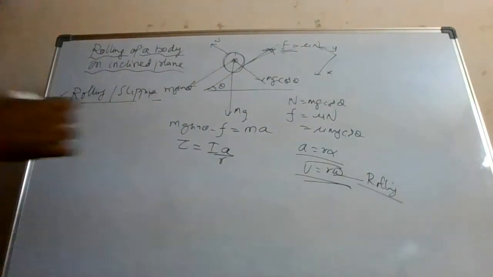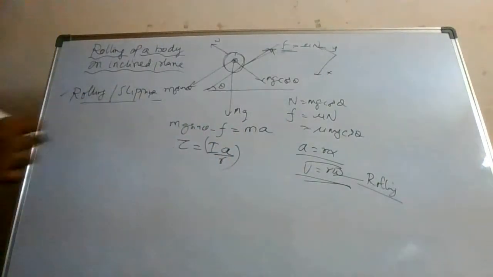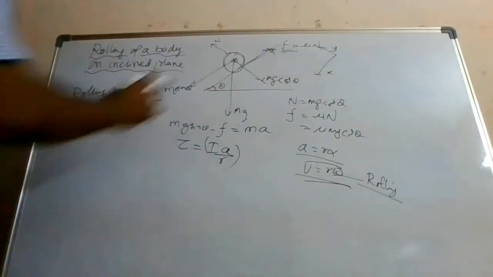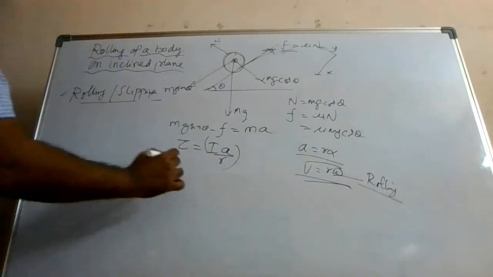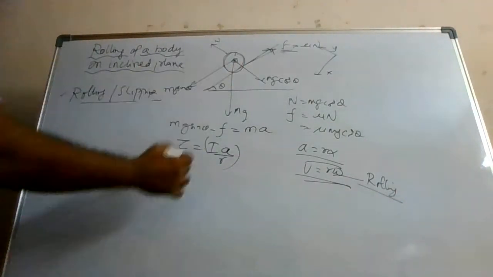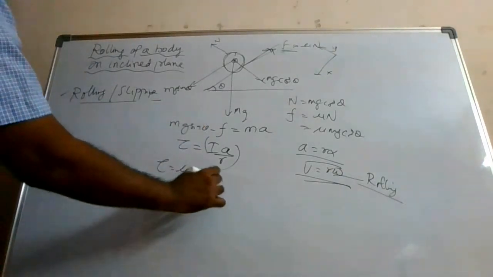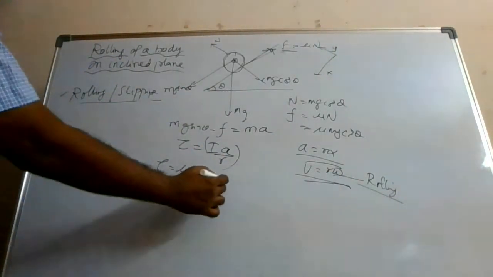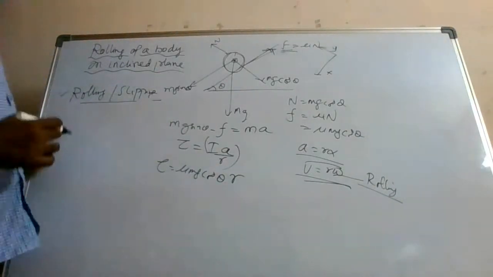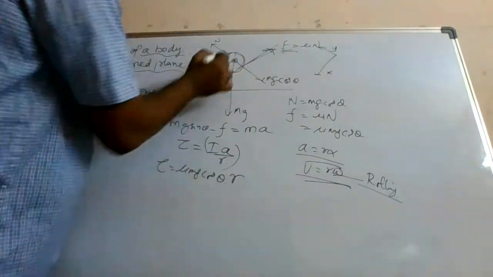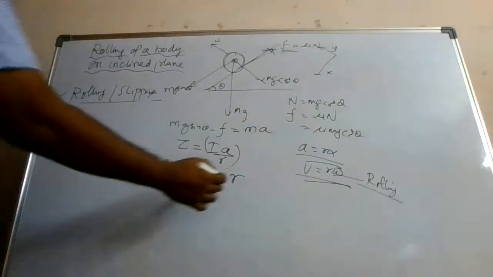Okay, so this is the definition. But who is creating the torque? The torque is being created by this frictional force. The torque is equal to force multiplied by distance. So the force multiplied by distance is mu mg cos theta, which is the frictional force, multiplied by radius. Okay, this disc or sphere will have its own radius.